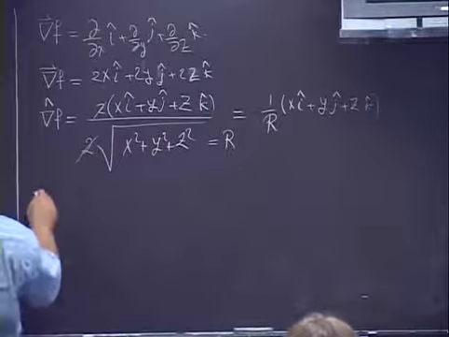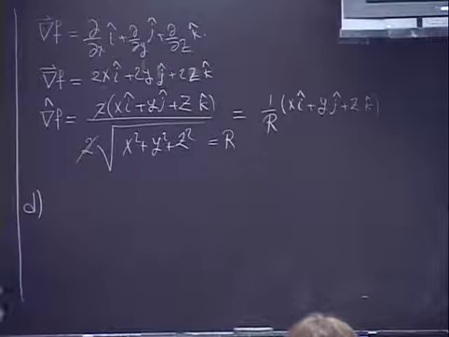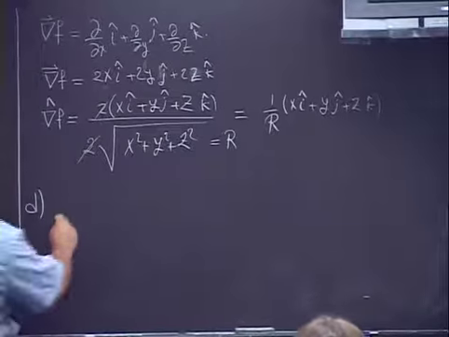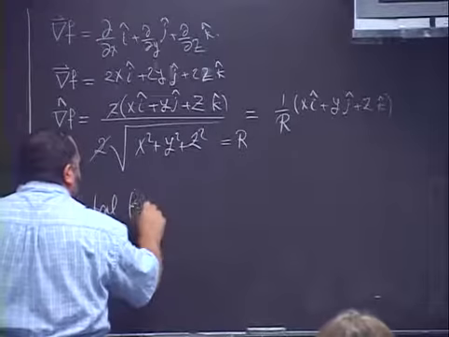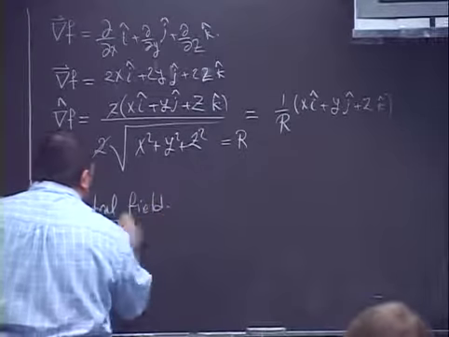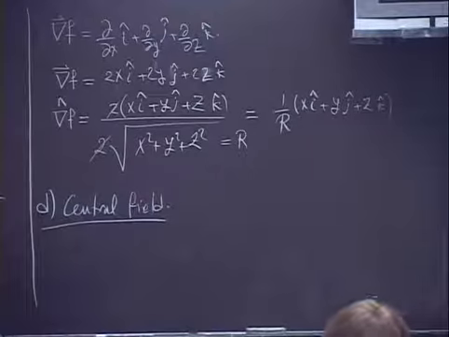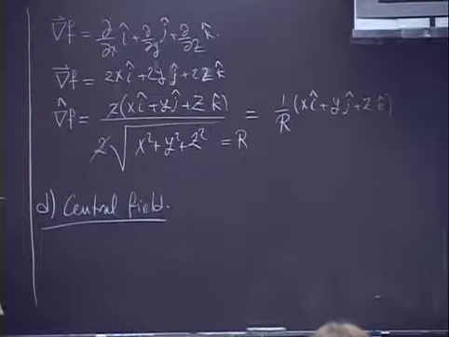Another example for the gradient is if you have a central field. What do we mean by central field? A central field means that the force from this field is always directed to a center. Is always directed to what? A center. And usually it goes inversely with what?